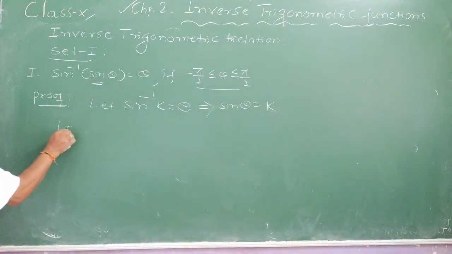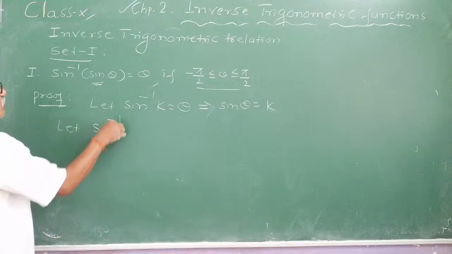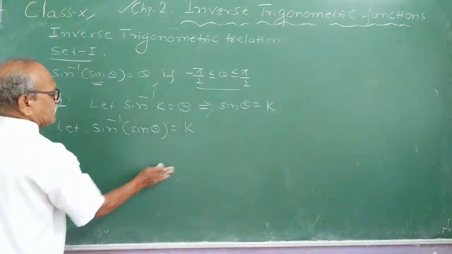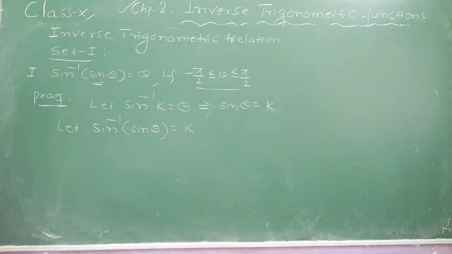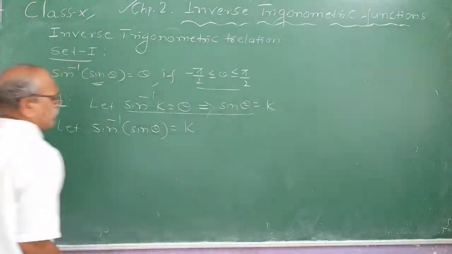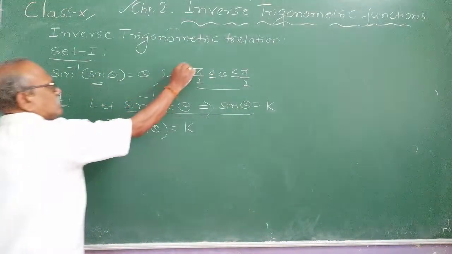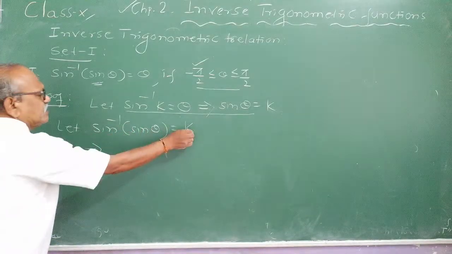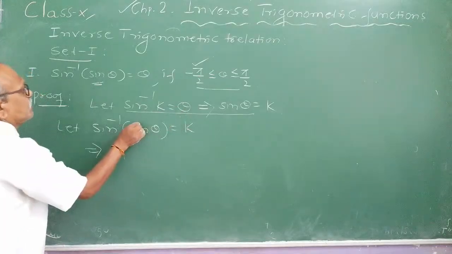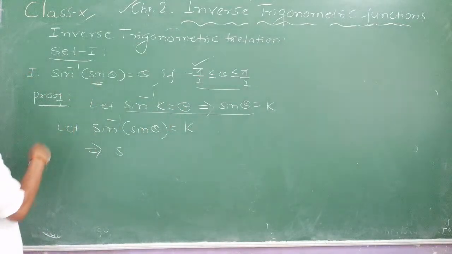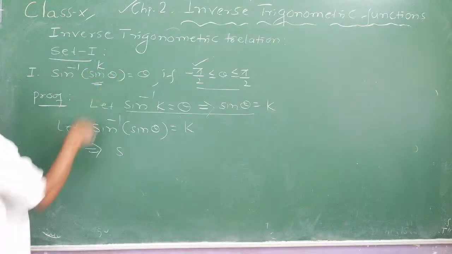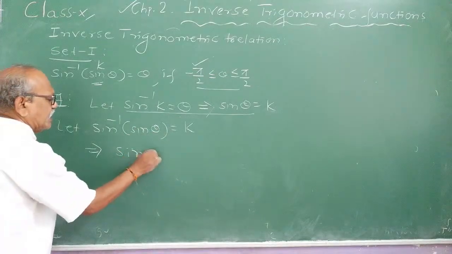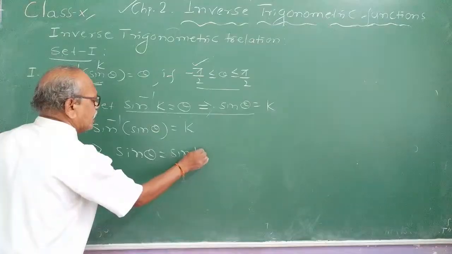Let us assume that sine inverse of sine theta is equal to some value k. By using the definition of the inverse sine function, with the restriction already on, we can write sine inverse of k is equal to theta, which gives sine theta is equal to sine k.